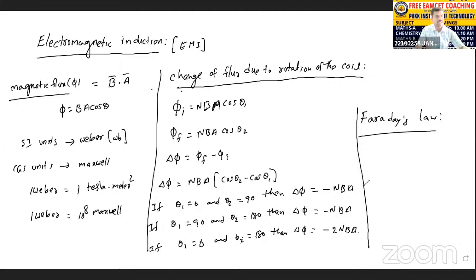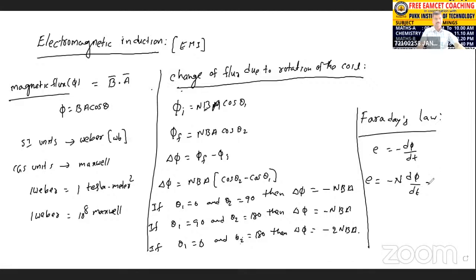Faraday's second law says E is equal to minus d phi by dt, where phi represents the magnetic flux of each turn. For N turns, E is equal to minus N into d phi by dt.